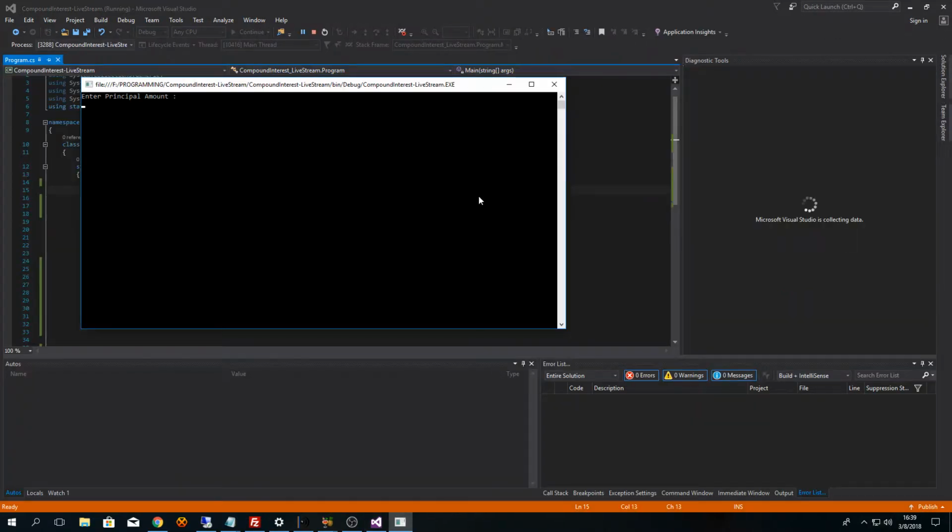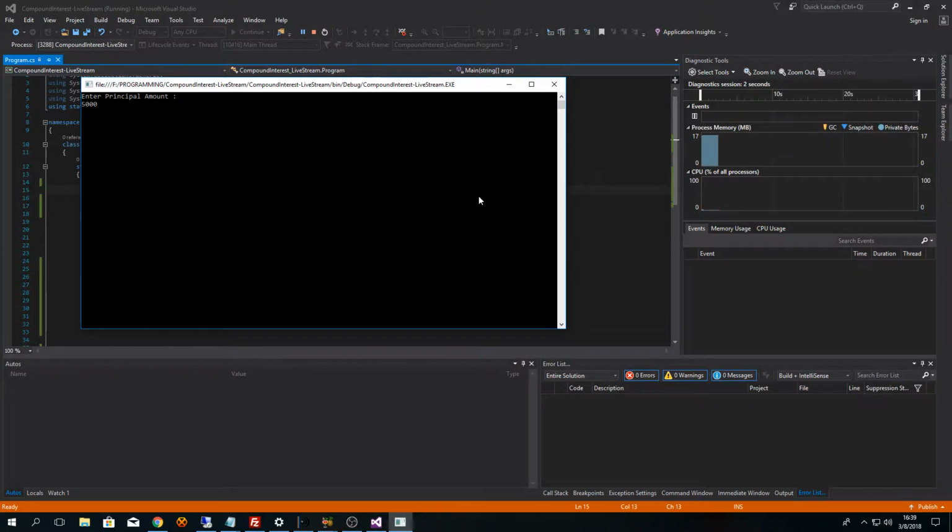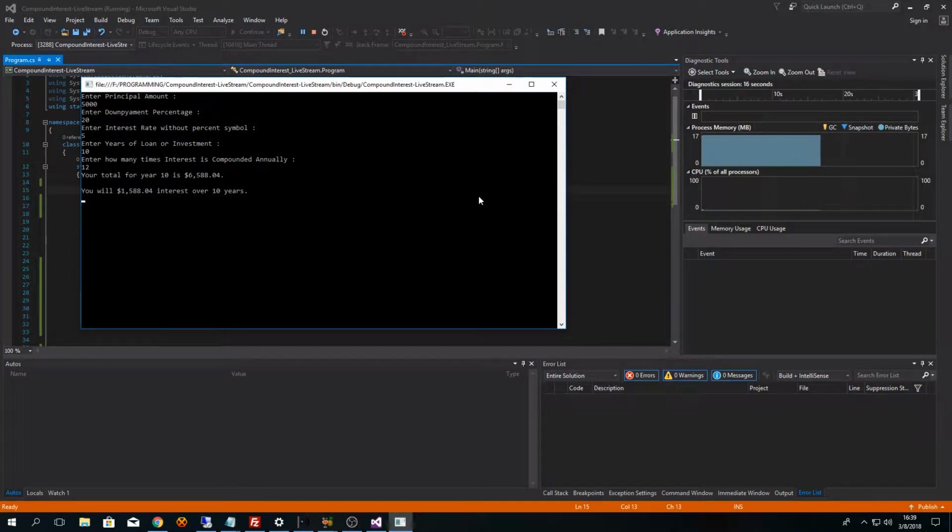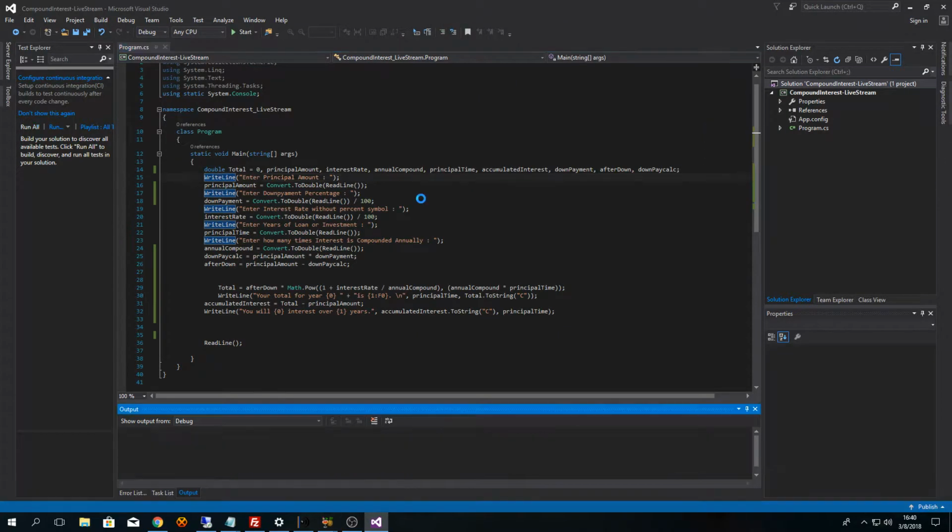Okay. So let's say you get a $5,000 loan. Down payment is 20%. 5% interest. 10 years. 12. Okay. That makes more sense. Alright. So then why did the 80 not work? Let's try again.